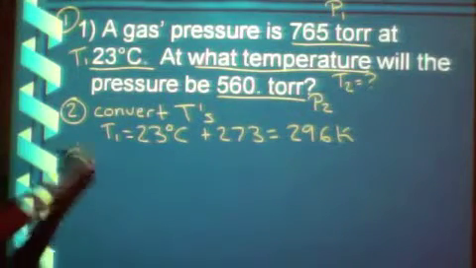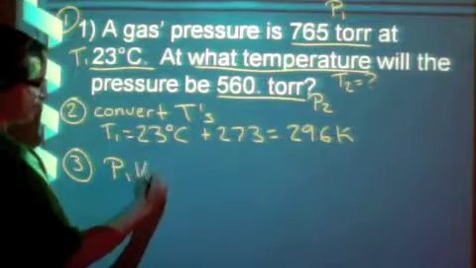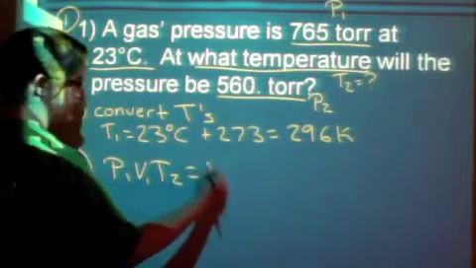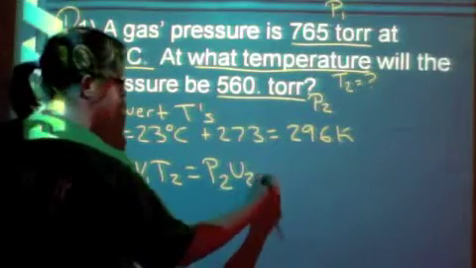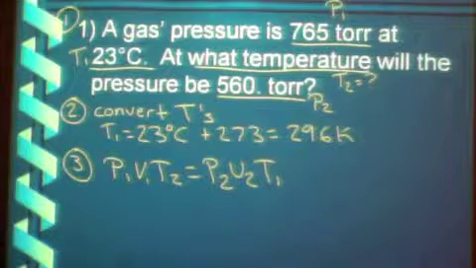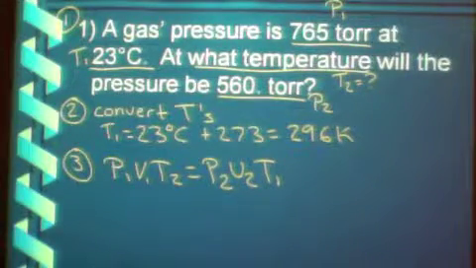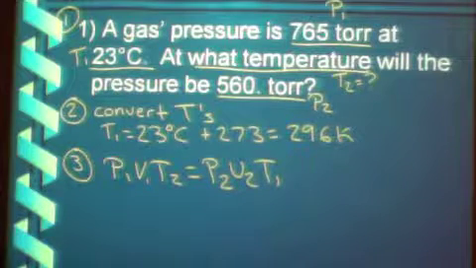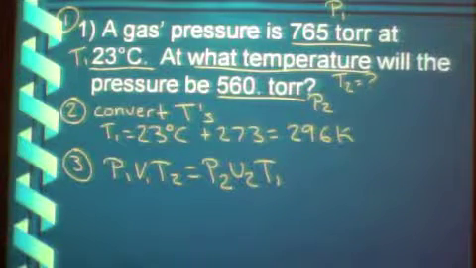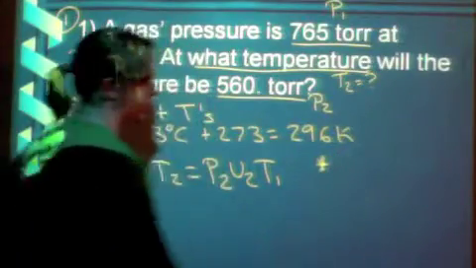Step three is to write your equation. P1 V1 T2 equals P2 V2 T1. Now, the thing with the combined gas law is it has all of the variables in there. But does this problem mention all of the variables? No, it does not mention volume. So, little side note here, the little star.